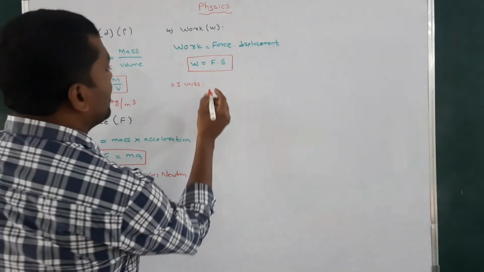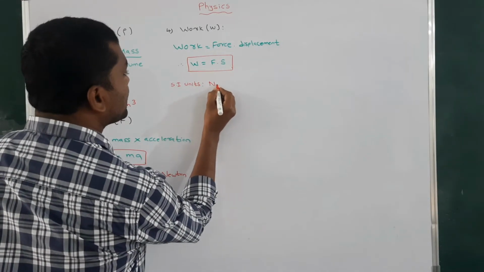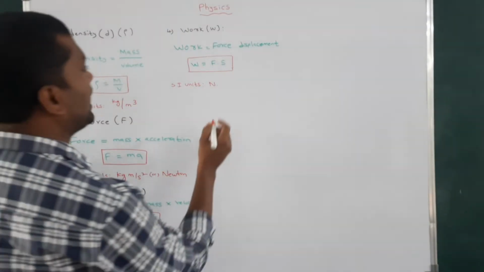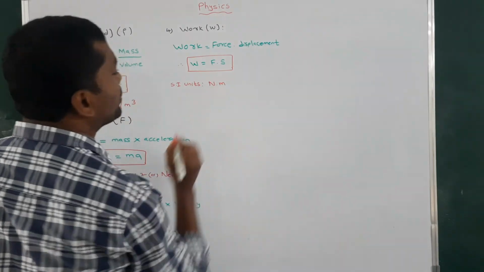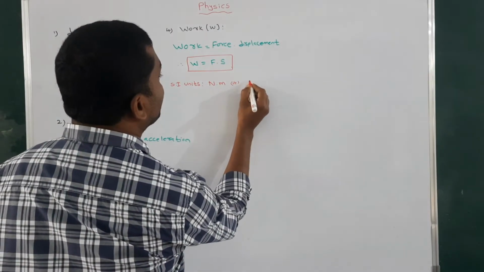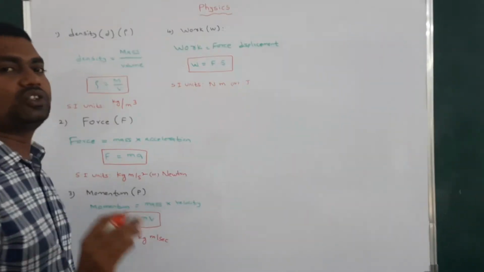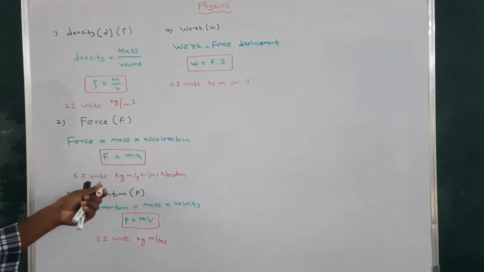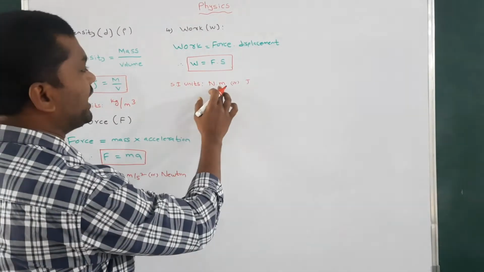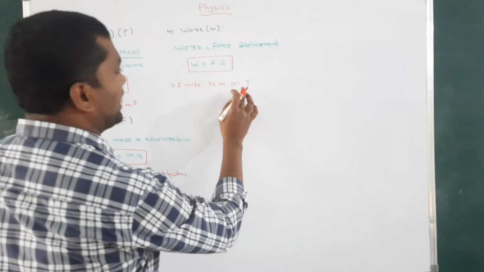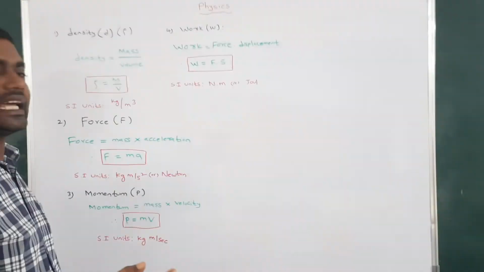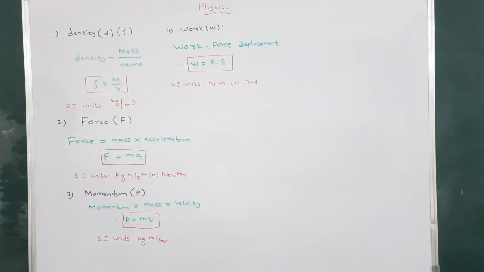Simply, Newton, N, into S means displacement, whose unit is meter. So Newton meter, or we can write J, joules. The SI unit of force is Newton, and the SI unit of work is Newton meter, or joule. Joule and Newton are scientists' names.